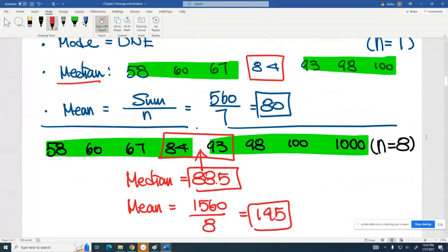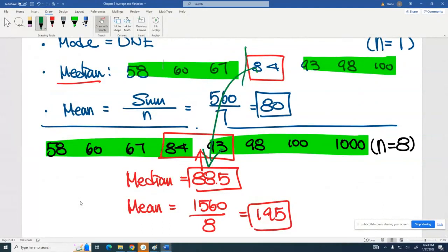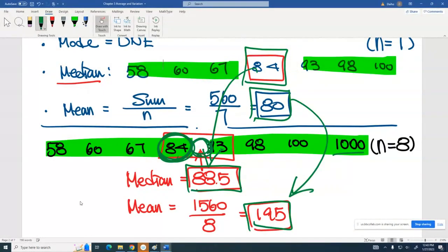Please compare the two medians. 84, 88.5. It's almost the same because the 84 was here and just one more case is here. But the average is much bigger.